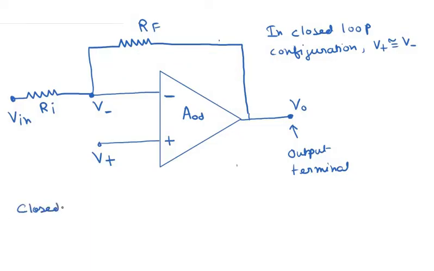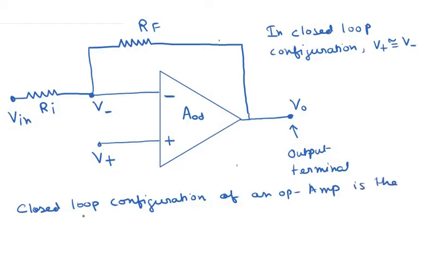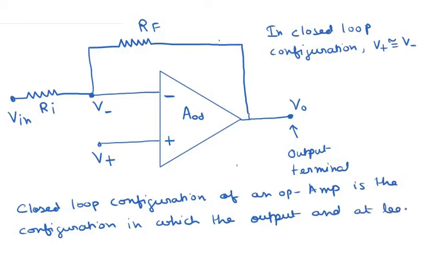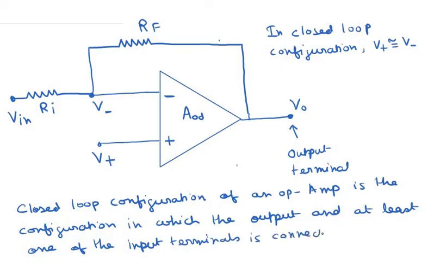So closed loop configuration of an op amp is the configuration in which the output and at least one of the input terminals is connected by an external impedance.